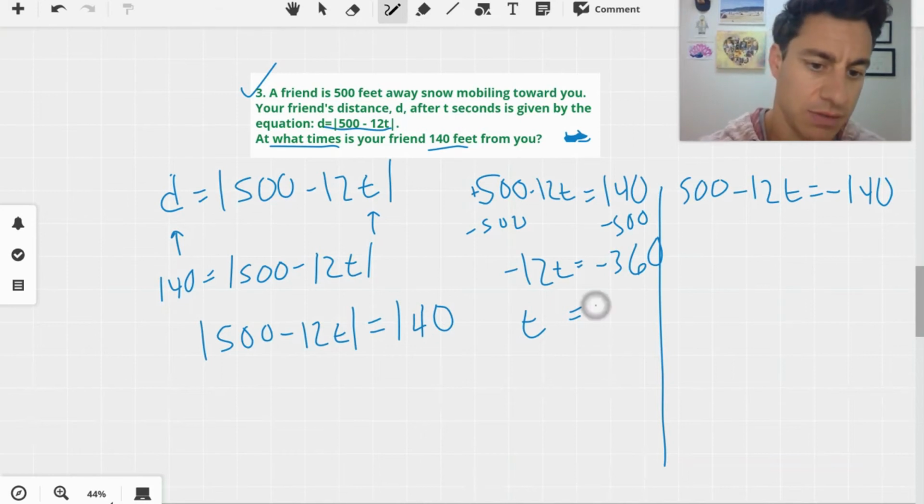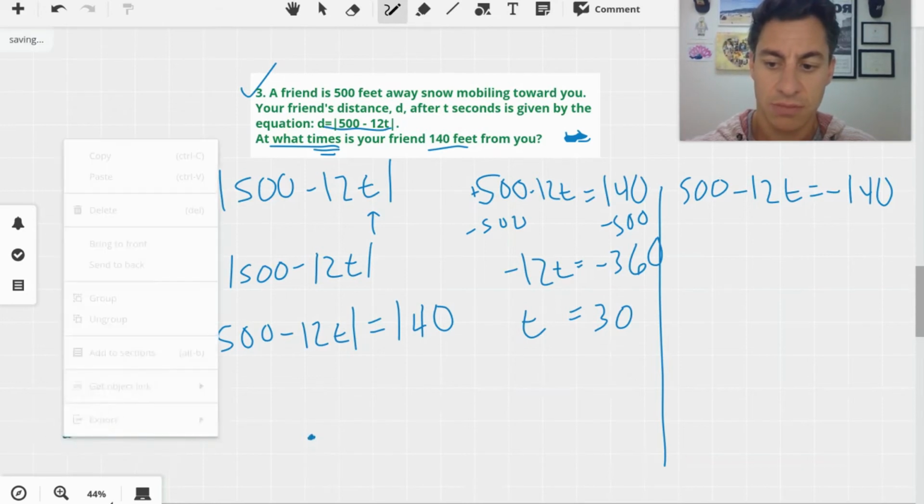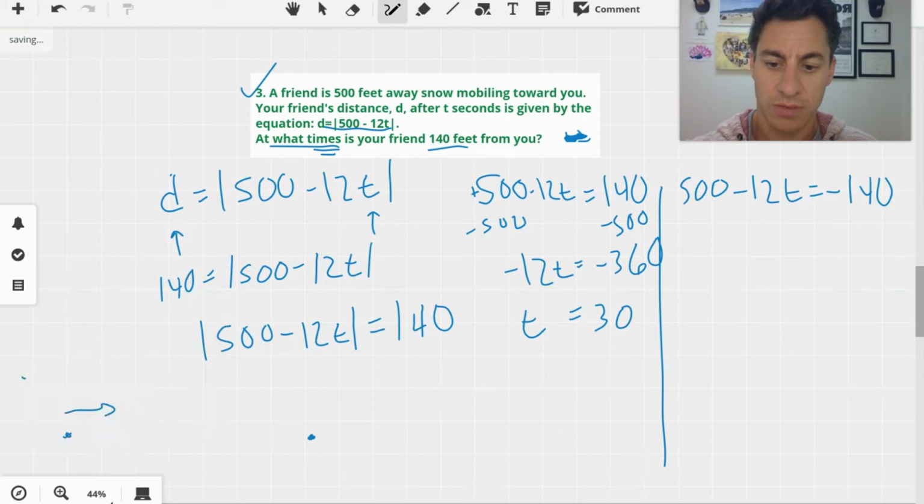All right, so 30. And by the way, you might be like, how could your friend be 140 feet away from you at different times? It says times. Well, imagine it like this. Here's you. Here's your friend snowmobiling toward you.